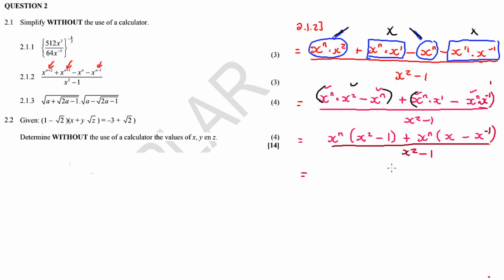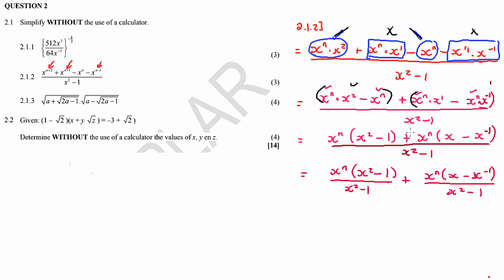Then I was like, okay, you can cancel that one, right? But then what you do here: I'm going to say x exponent n in brackets x squared minus 1 divided by the denominator, this one, and say plus x exponent n x minus x exponent minus 1 over x squared minus 1, right?